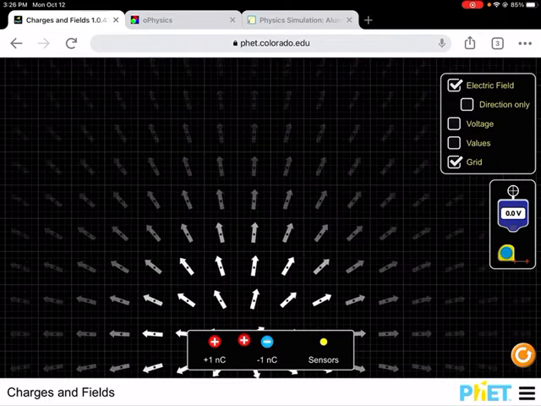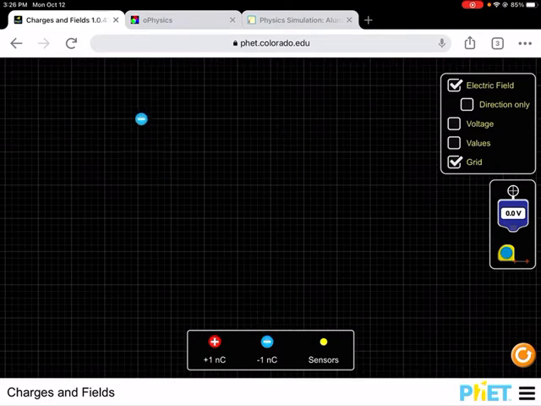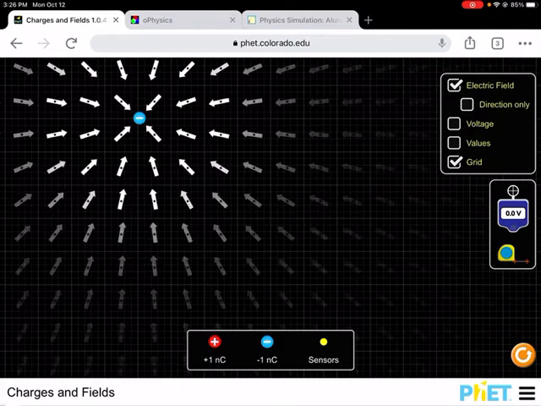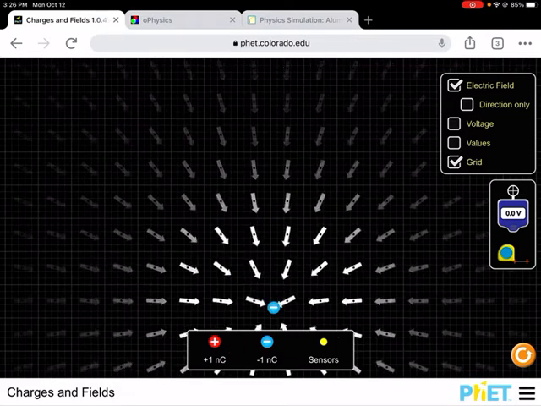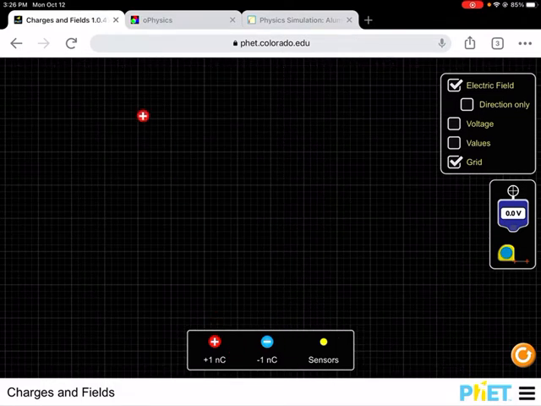I can remove that, and if I put a negative charge, I would have a similar shaped field, but the direction is opposite. If I have two charges, I get a field that looks like that, and we've seen how that looks before.